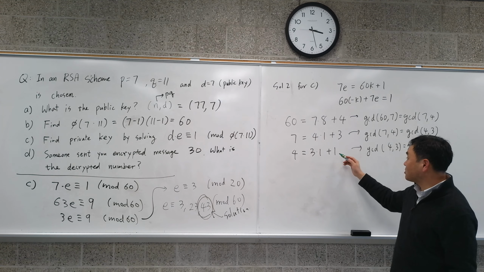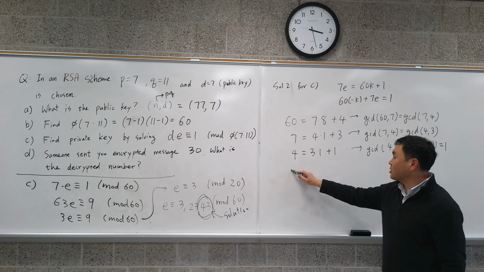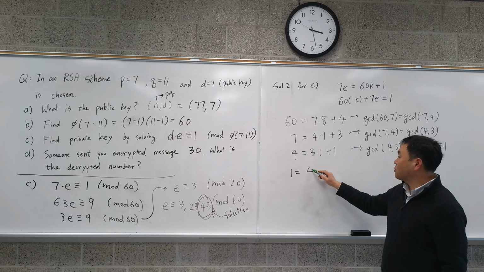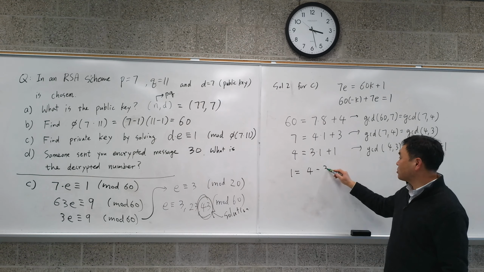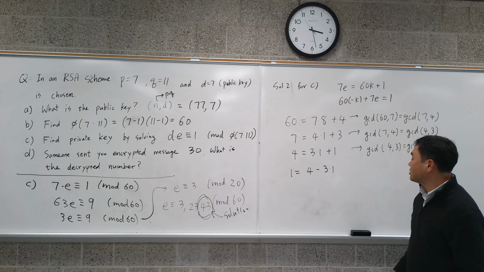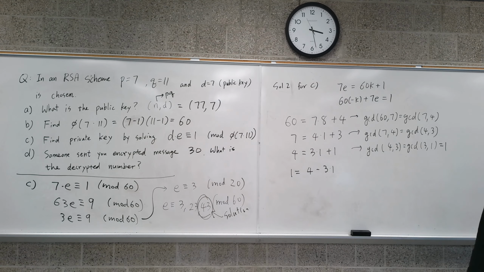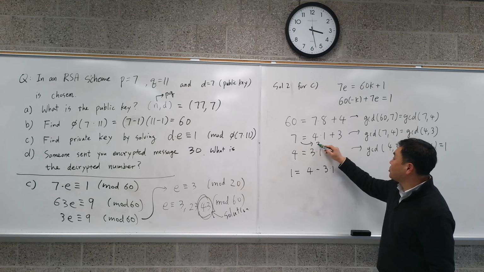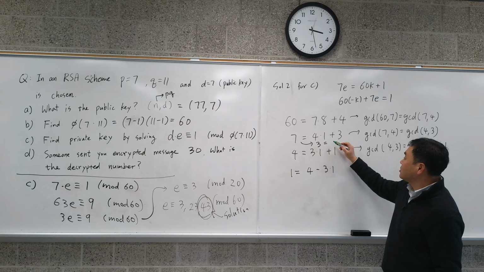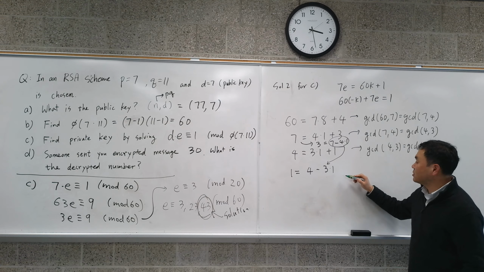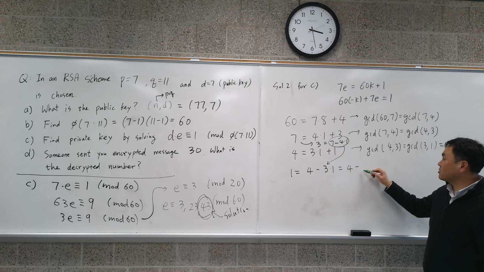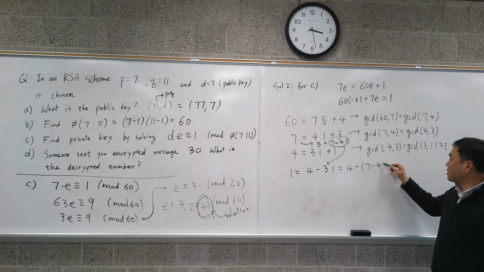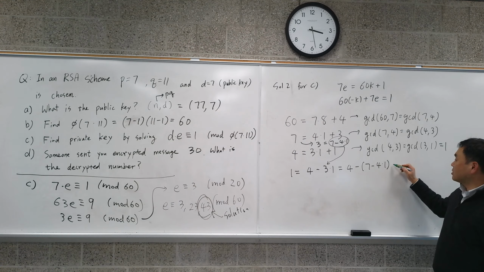And the way you do it is you start from 1. You say 1 is equal to 4 minus 3 times 1. And then you look at this and say, hey, this means 3 is equal to 7 minus 4 times 1. You plug that in for 3. So this is 4 minus (7 minus 4 times 1) times 1.